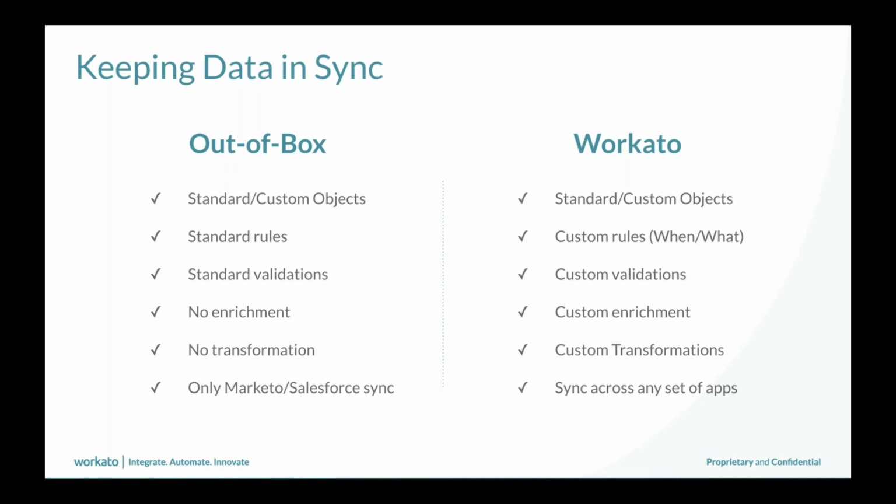But there are certain limitations to it. For example, we cannot customize the way the out-of-box Marketo to Salesforce integration works. You cannot say this field in the Marketo lead record goes to this field in the Salesforce lead record, or this field in the Marketo lead record goes to this field in the campaign member record in Salesforce. That is a big problem because sometimes you receive leads from so many different sources.